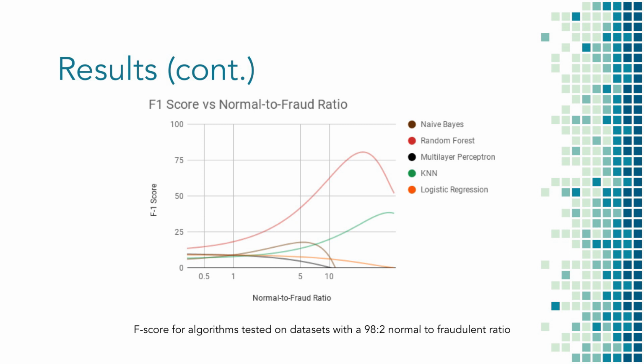As a result, we found that for many algorithms, there's an optimal ratio, as you can see in the random forest here, where there is some ratio where there's enough weight on the fraudulent data to predict the trends, and there is enough so that it won't predict everything as 50-50 or some ratio.